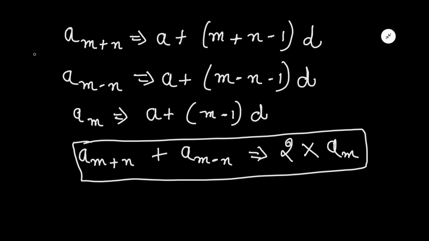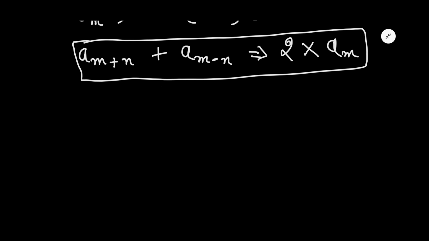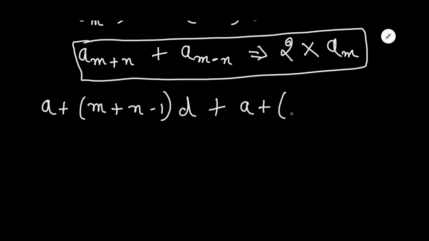First we will add the first two terms. So a plus m plus n minus 1 d plus a plus m minus n minus 1 into d.